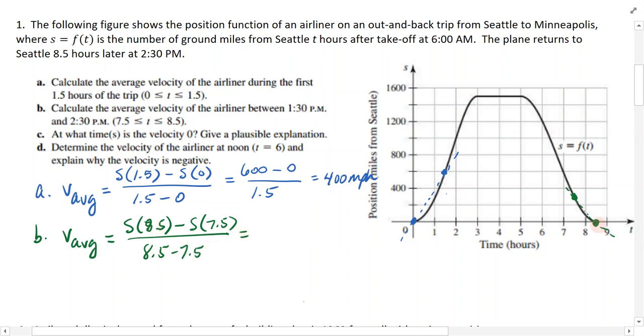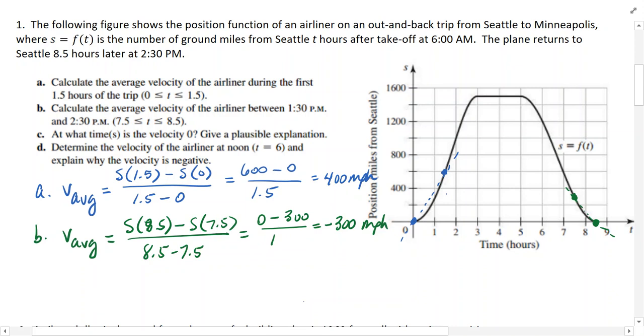So when time is 8.5, the position of the plane would be at 0. And when time is 7.5, the position of the plane is around 300, a distance of 300 away from Seattle. And then 8.5 minus 7.5 would be 1, so we would have a negative velocity of negative 300 miles per hour.